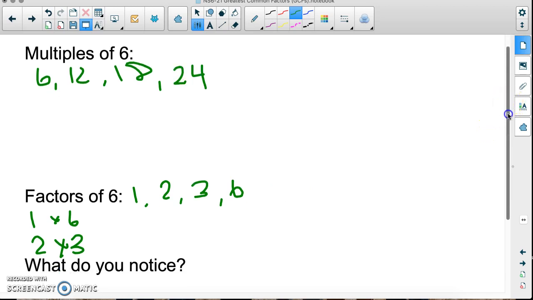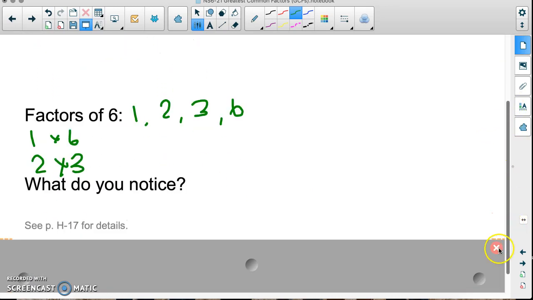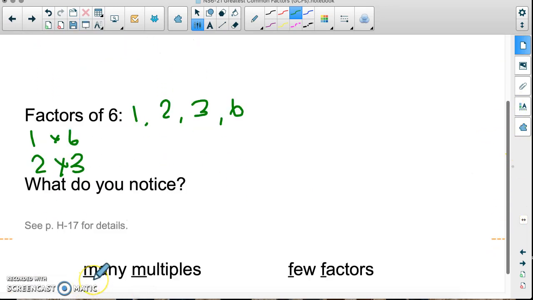So it's really important that we notice that for multiples, you can have many, many multiples. They can go on forever and ever. But we can have few factors. There are only so many factors for each number. So remember that by thinking M and M, many and multiples, or F and F, few and factors.